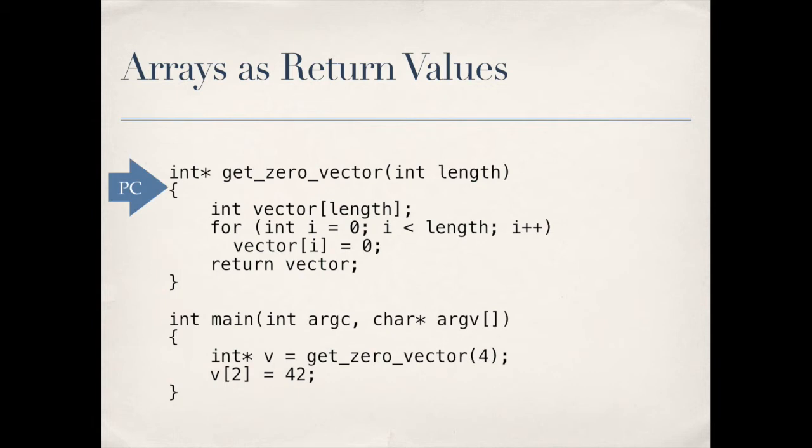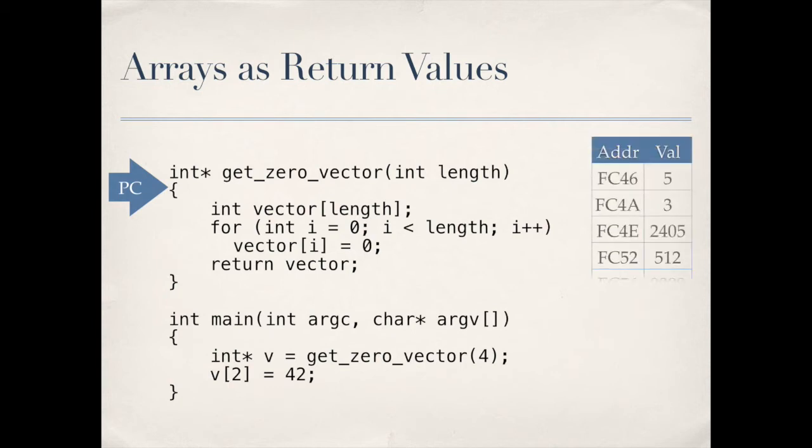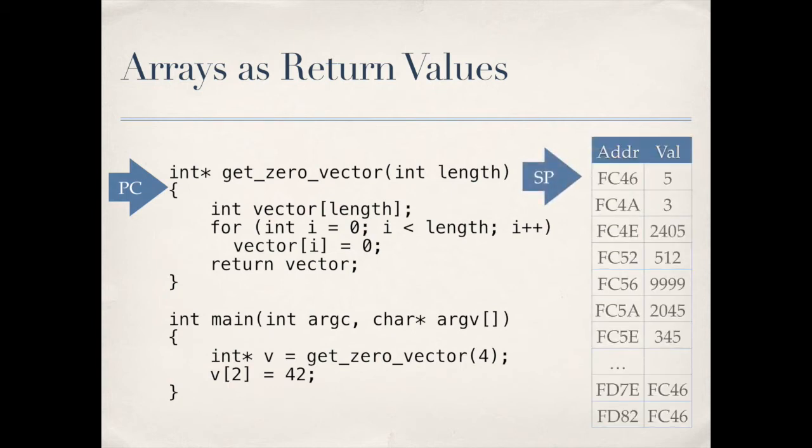Additionally, now we want to see how the memory looks. So here is the memory, again some arbitrary part of it, and we assume that it starts somewhere here. What we have here is another pointer, the so-called stack pointer.